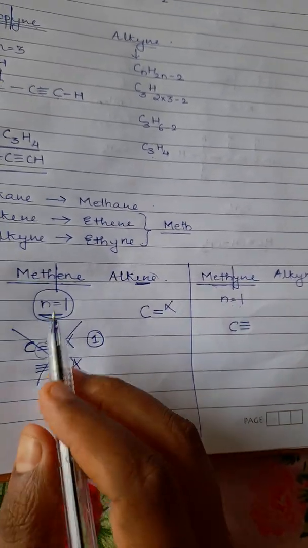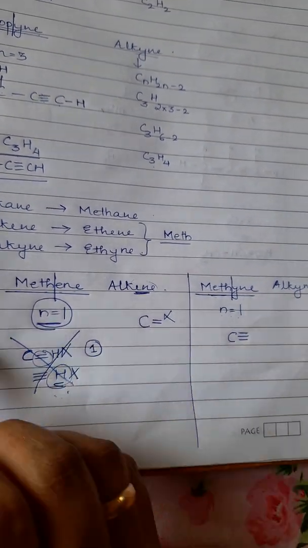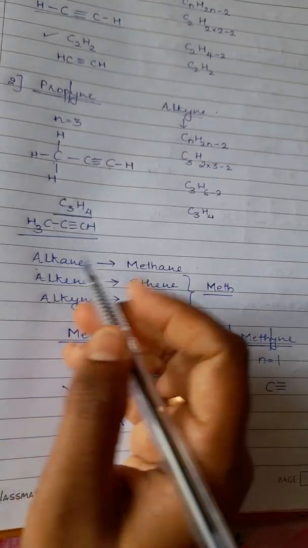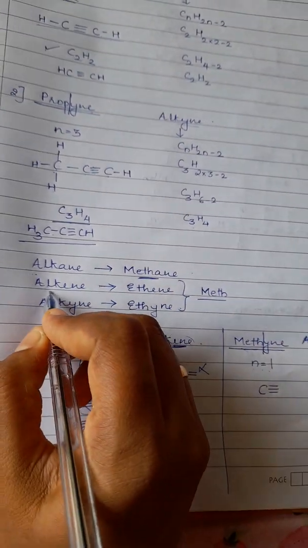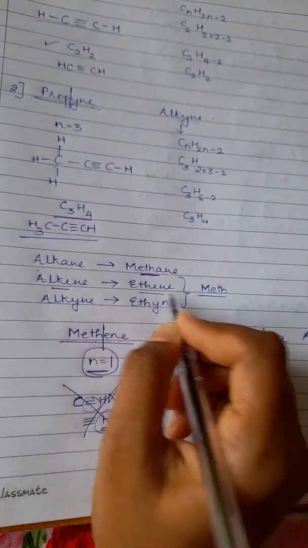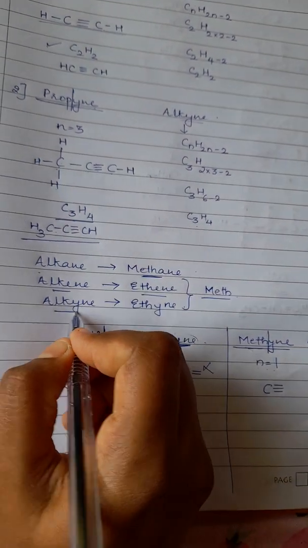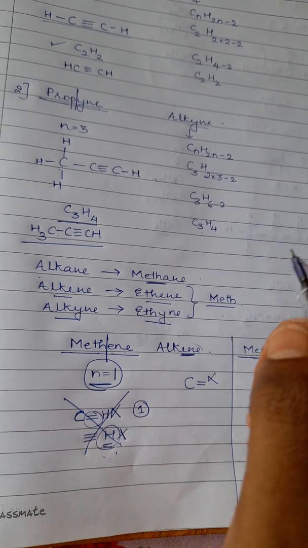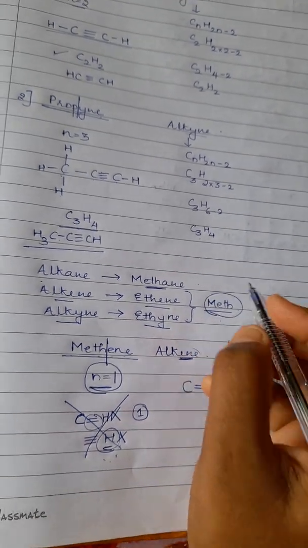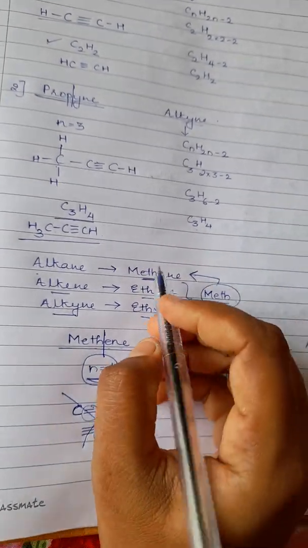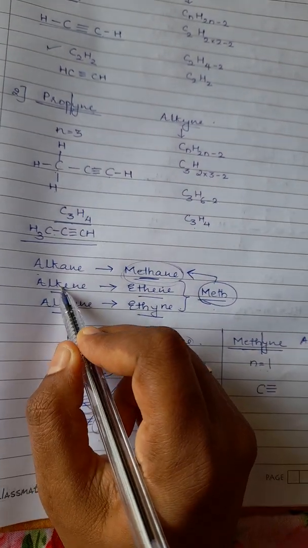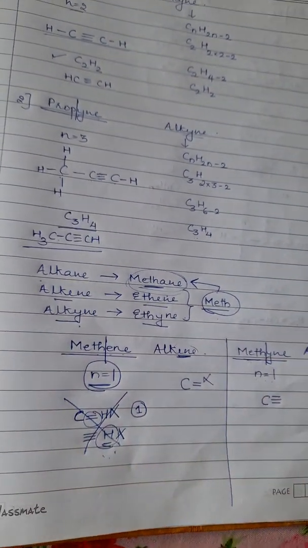That is why methene and methyne, these two compounds do not exist. That is why for alkanes we started with methane, for alkenes we started with ethene and not methene, and for alkynes we started with ethyne and not methyne. You need to remember this. Meth is always found in the form of methane. It is not found in the form of alkene or alkyne.